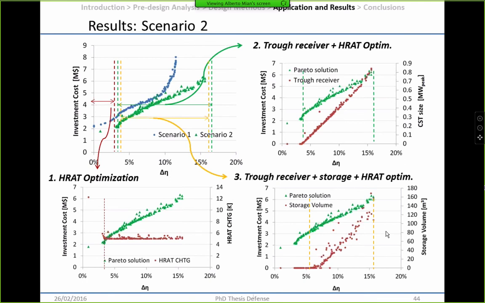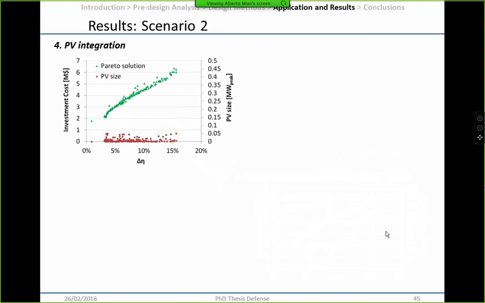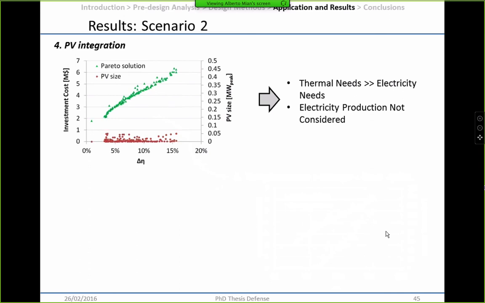And this is mainly due to the fact that by storing energy, we can reduce this size, because we will save energy during the high radiation period, and then we will be able to deliver this heat to the process. Concerning the PV integration, since the gasifier does not have a very big electricity requirement, we are below 50 kilowatts.